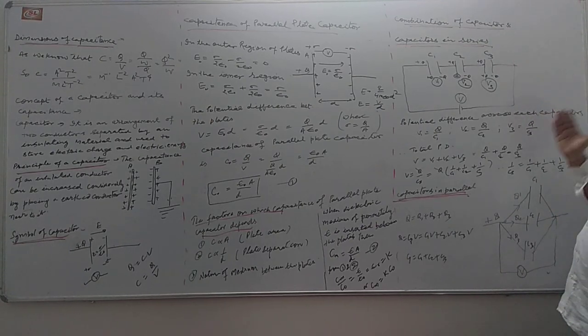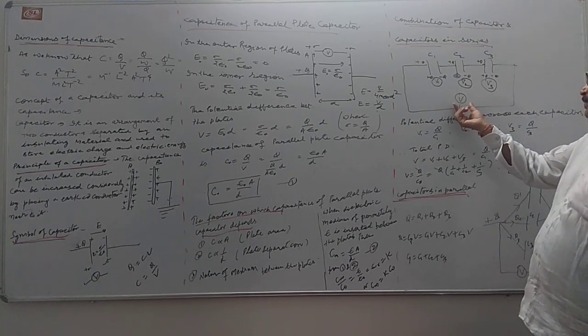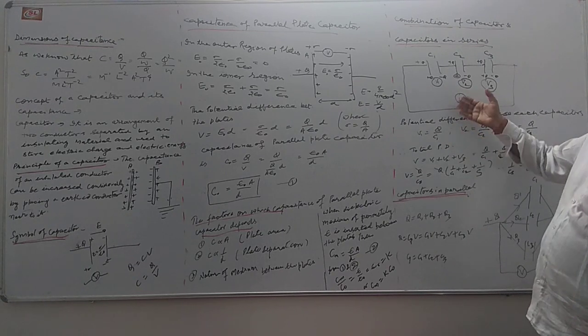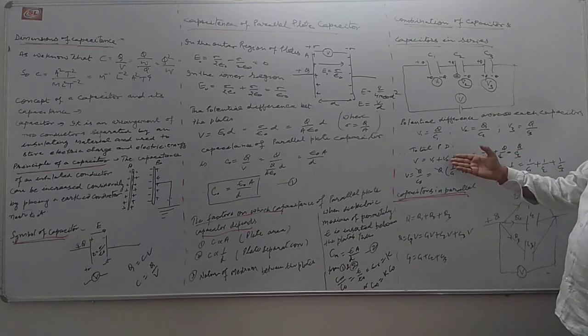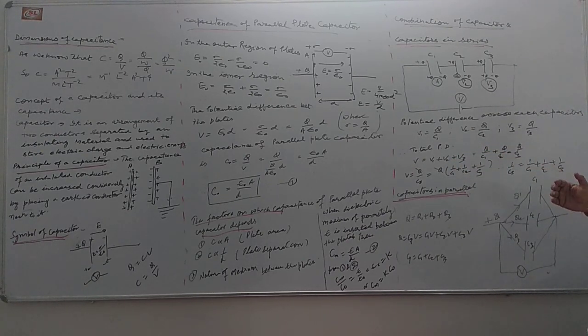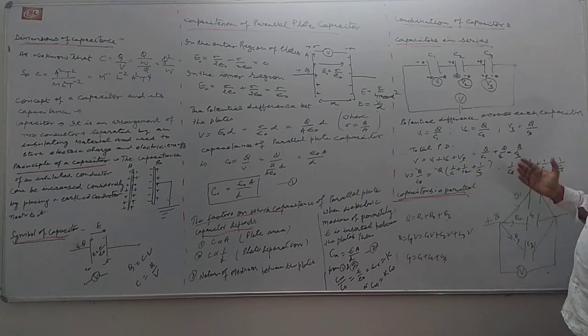And for the third capacitor, V3 equal to Q upon C3. If the total potential difference V is applied across this combination, then V equal to V1 plus V2 plus V3. After putting the values, we finally get the expression 1 upon Cs equal to 1 upon C1 plus 1 upon C2 plus 1 upon C3.